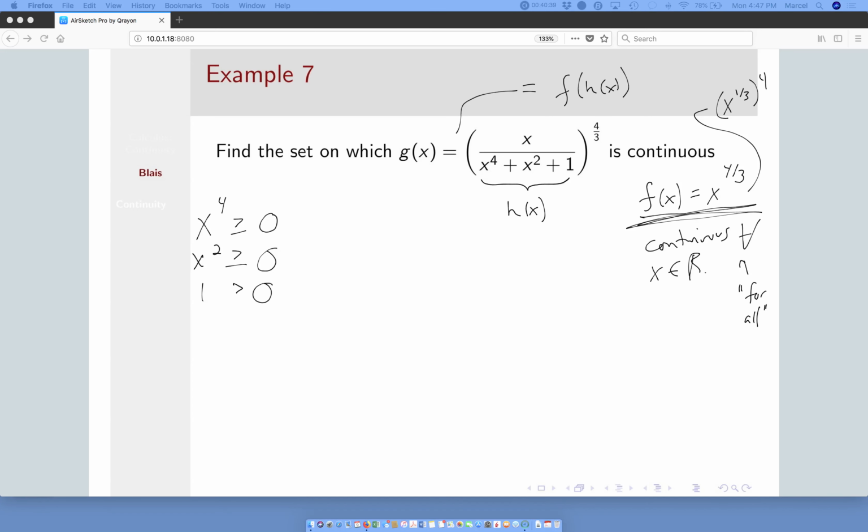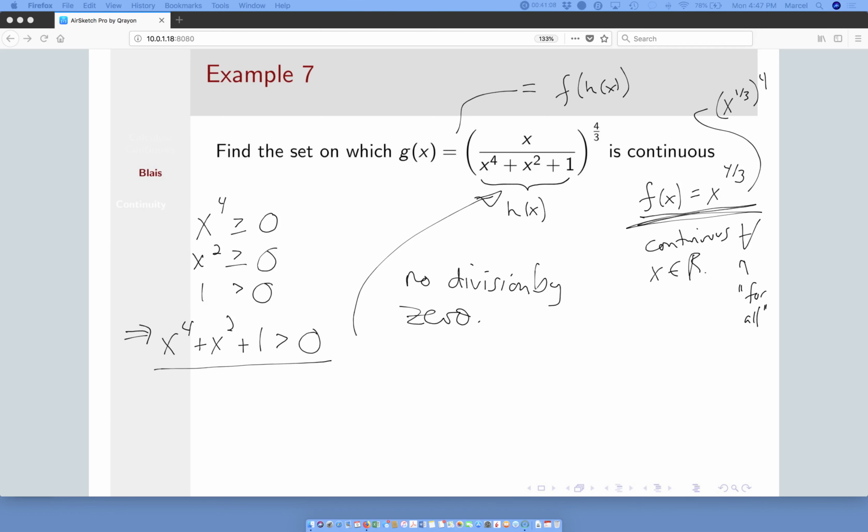Well, 1 is strictly greater than 0. If you add these three up, x to the 4th plus x squared plus 1, well, that's got to be strictly bigger than 0. Which means here we can have no division by 0.